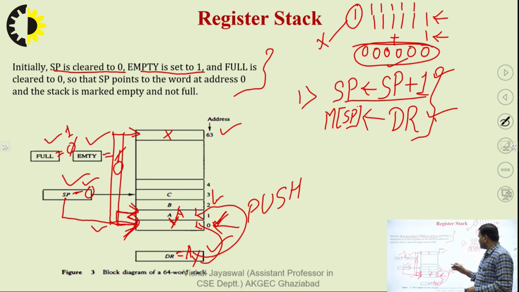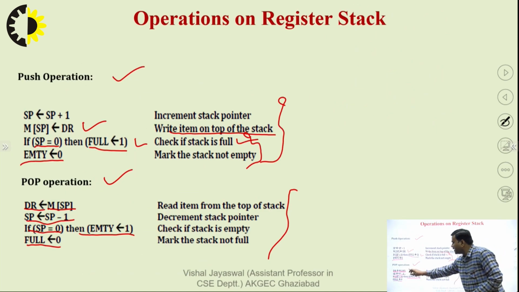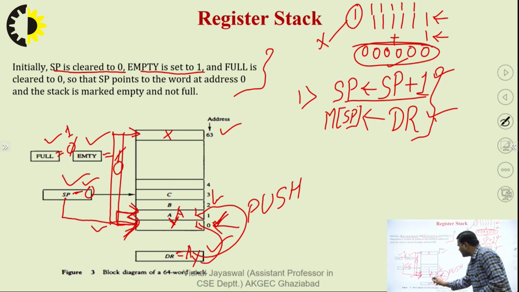We can show this operation mathematically. First step of the pop operation, M of SP is transferred to DR, meaning our item Y is transferred into the DR register.